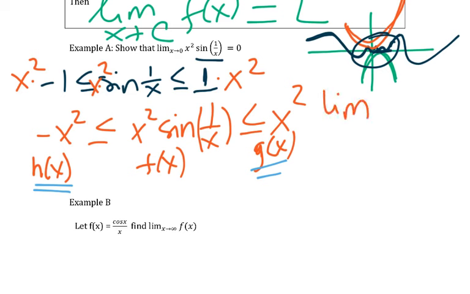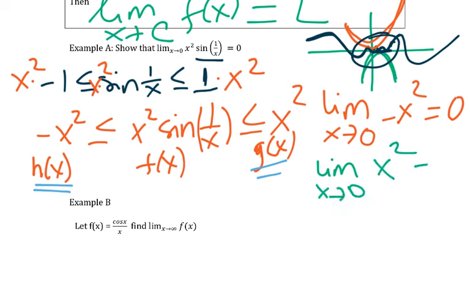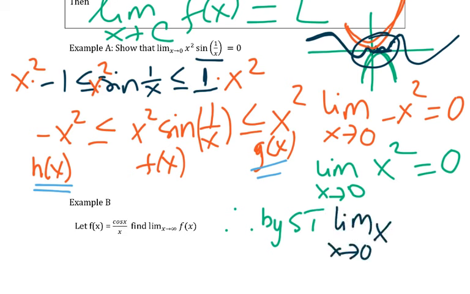When x approaches 0 of negative x squared, the limit is 0 because we substitute 0 for x, and that would be 0. Now we find the limit for g of x, which is x squared. Again, the limit is also 0. Therefore, by the sandwich theorem, we can conclude that the limit as x approaches 0 of x squared sine of 1 over x is also equal to 0.